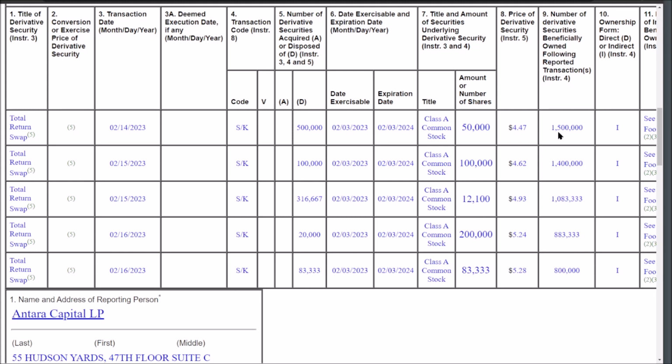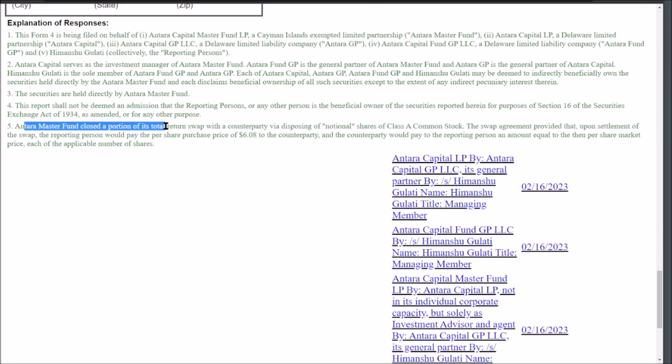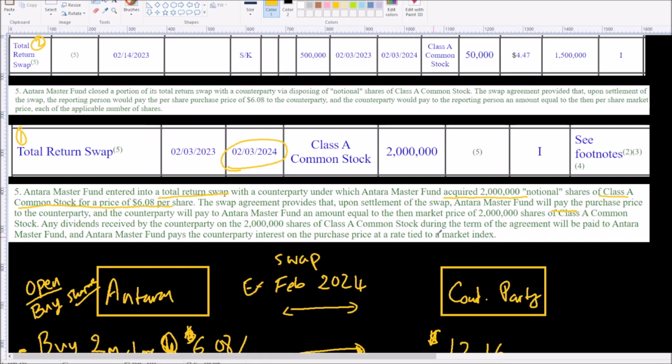So remember, there were 2 million shares, right? Now it's down to 1.5 because they sold 500,000 shares of that contract for this particular transaction. So this is why it says right here, it closed a portion of its total return swap. Okay, so that's why you see it there.